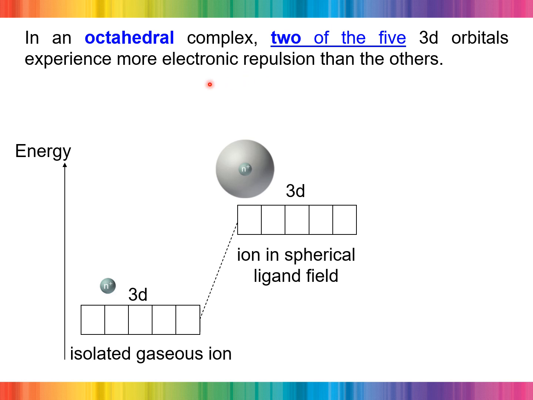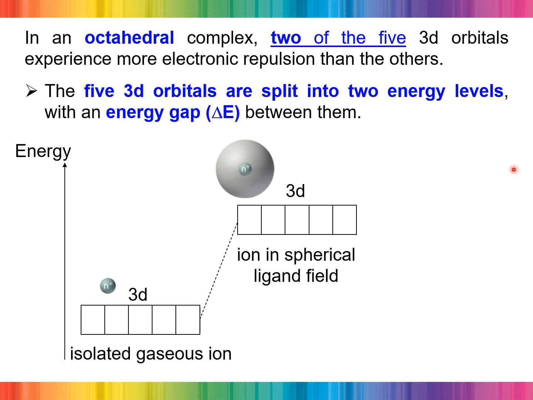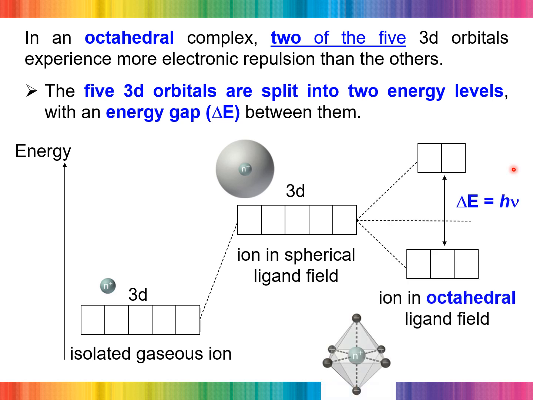Try to follow me from here. In an octahedral complex, out of the 5 3d orbitals, 2 will experience more electronic repulsion than the others. This will cause the 5 3d orbitals to split into 2 separate energy levels, forming an energy gap between them. So it will be like this: 2 separate energy levels, one higher than the other.